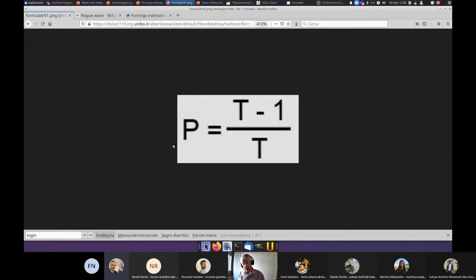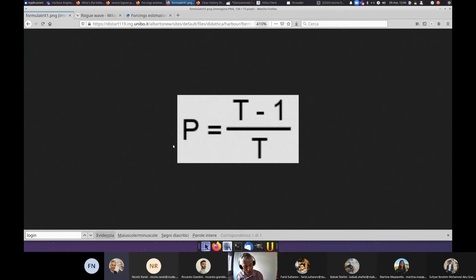And remember that it only applies to probability of max annual data. So if you have data of extreme wave height in the form of annual max, then you estimate the probability of not exceedance of this data, and this is related to the return period by this relationship.